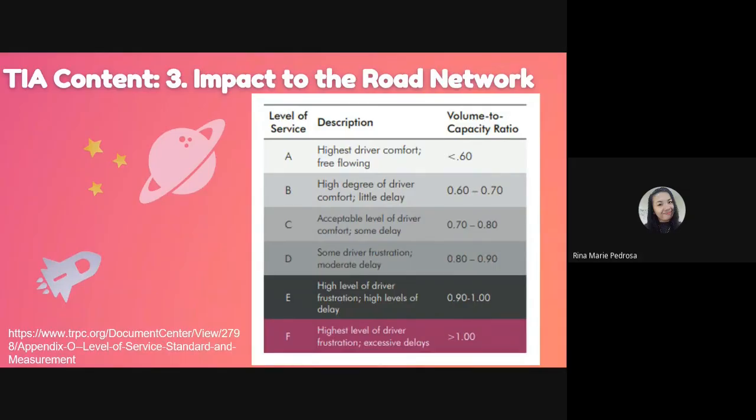So A has the highest driver comfort, free flowing. So the volume to capacity ratio of less than 0.6, the level of service would be A. If the volume to capacity ratio is 0.6 to 0.7, the level of service is B, which is a high degree of driver comfort, little delay.